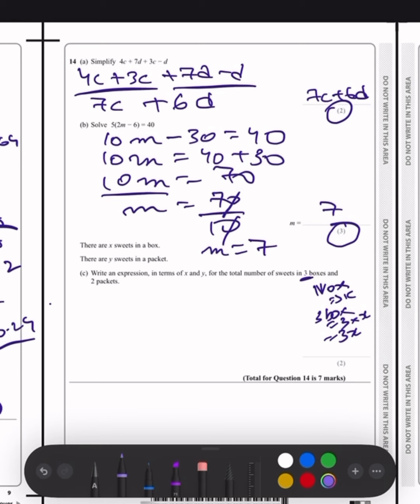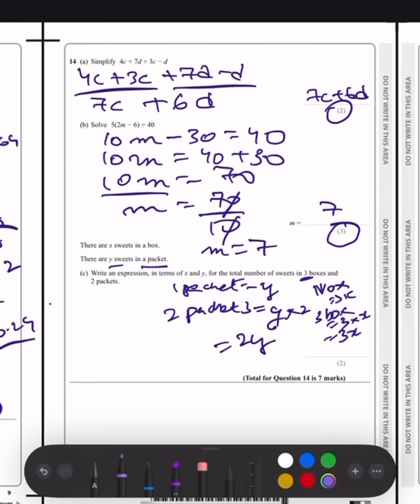And then for 2 packets, we basically know for y, we've been given the expression of a packet. So for 1 packet, it's y. How much is it for 2 packets? So we do y into 2, which gives us an answer of 2y.